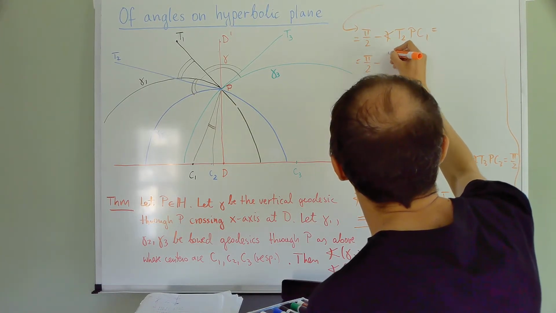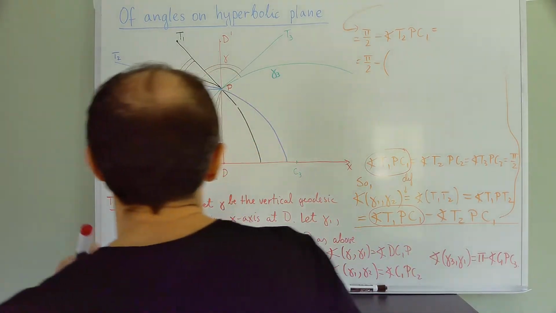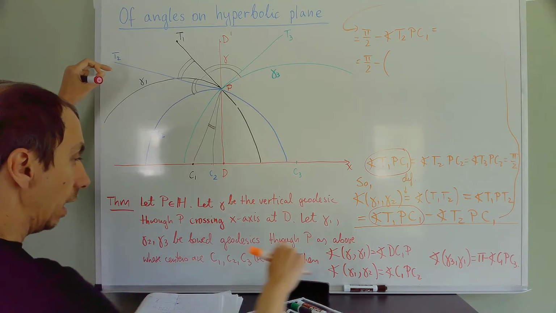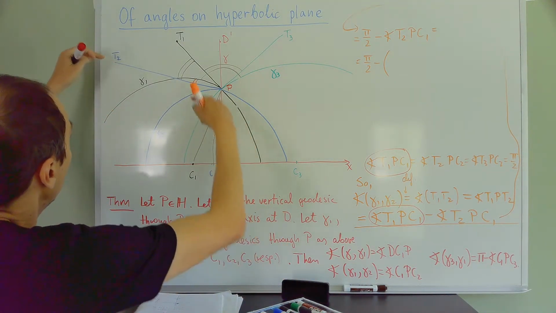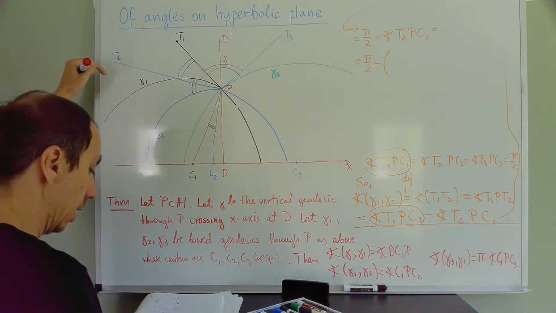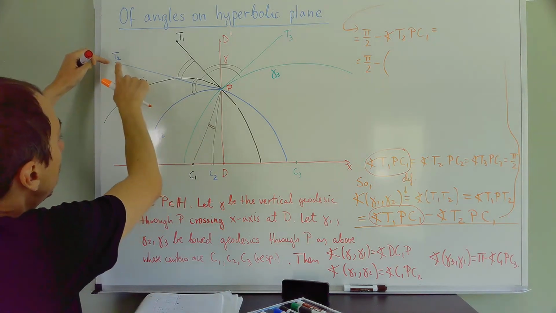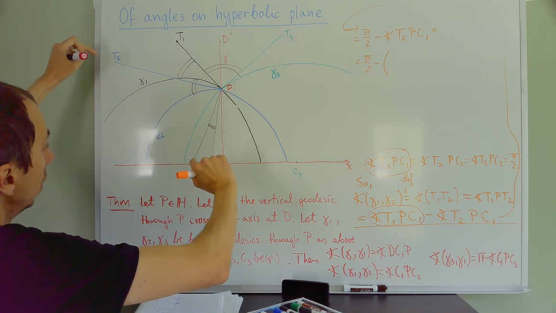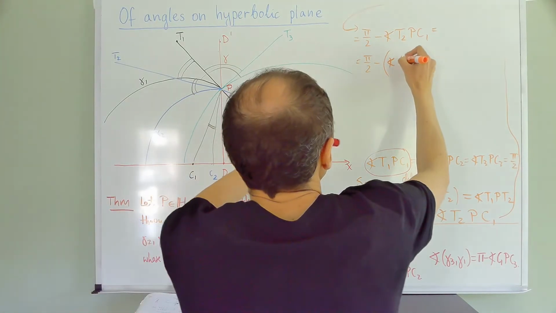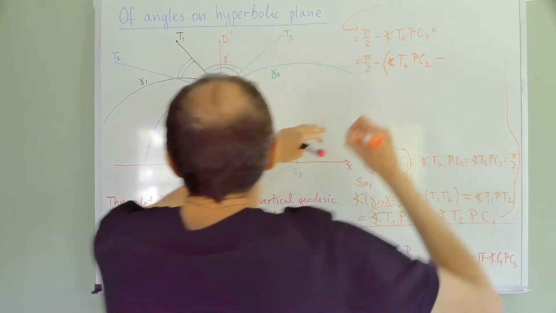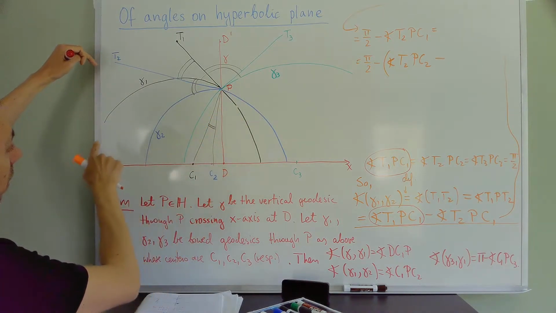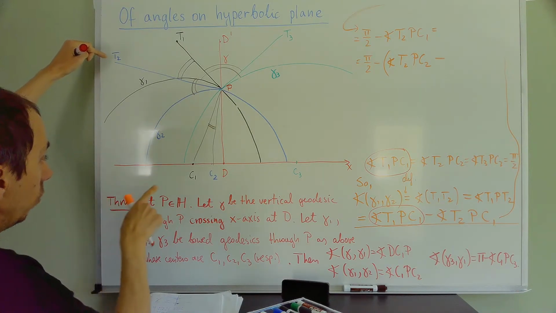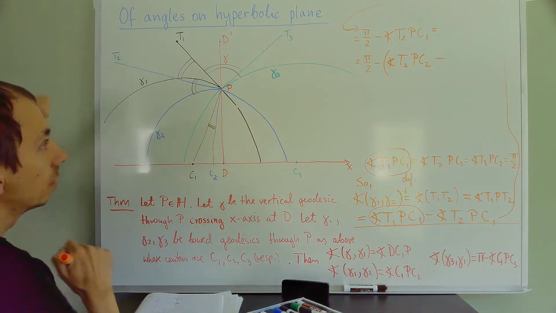That's pi halves minus T2 P C2, hmm, what is the angle I'm interested in? I would like to get C1 P C2. So that's actually the angle T2 P C2 minus the angle C1 P C2.